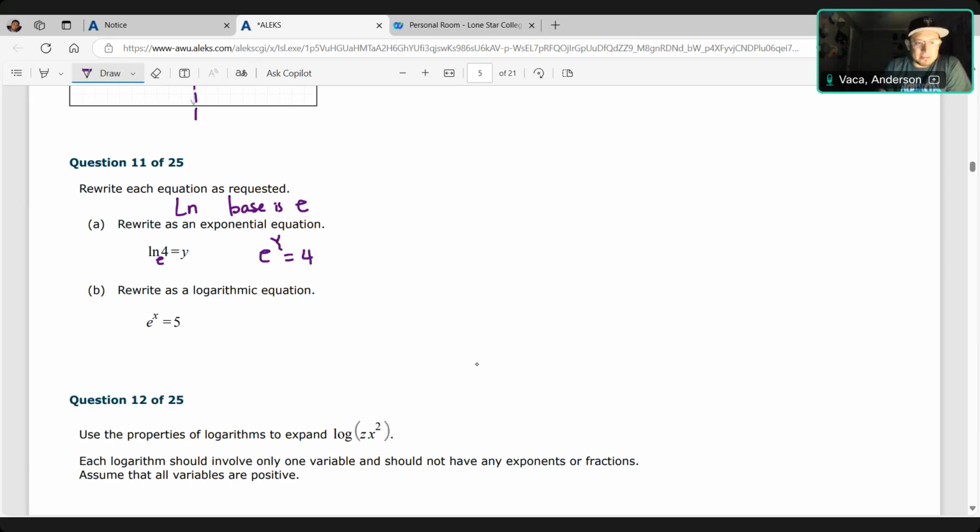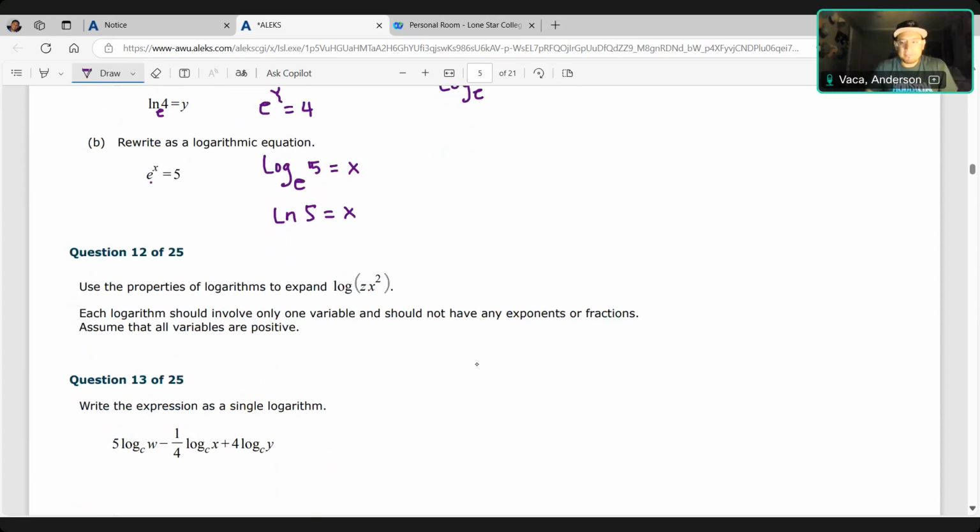Here, as a logarithm, they want us to say the logarithm base e of 5 equals x. The base, the exponent on the other side, equals the argument. I think I want to say ln of 5 equals x, because the logarithm of base e can be simplified with ln. I don't know exactly how Alex wants you to write that down.